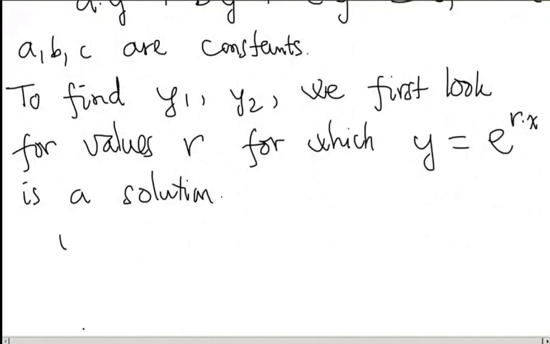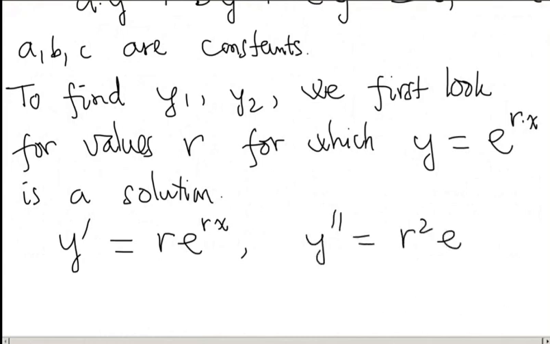Well, we take the derivative, keeping in mind that r is a constant. So y prime is r e to the rx. Y double prime is r squared e to the rx. And now we plug into the equation.